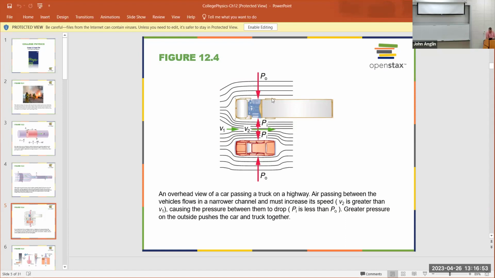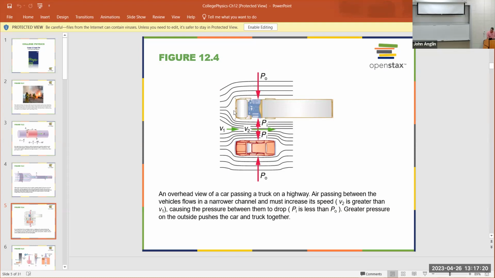Notice that if we're driving, let's say we're in the pink car and we're driving the same direction as the truck, we have P naught is the outside air pressure, right? That's the pressure on the other side of the road. That's not going to change.